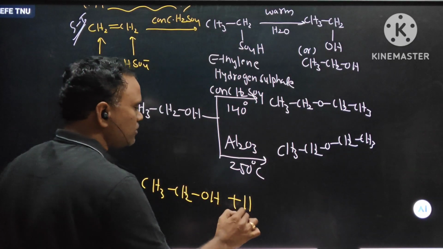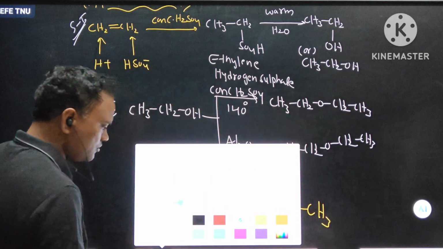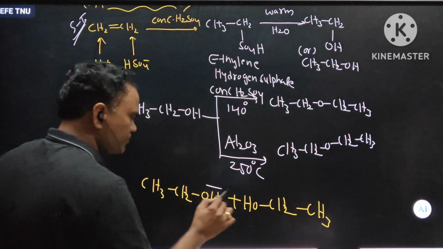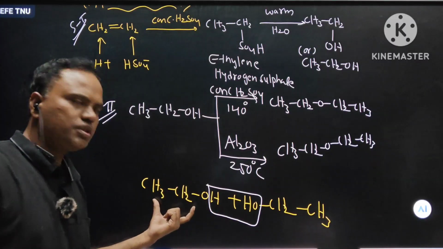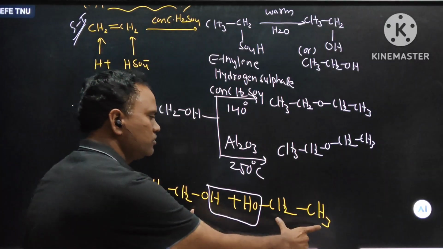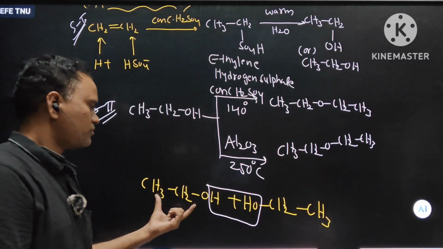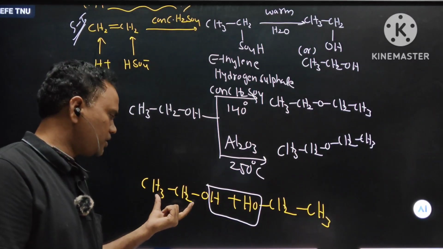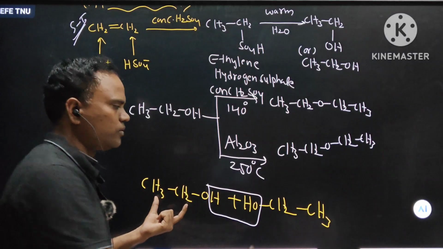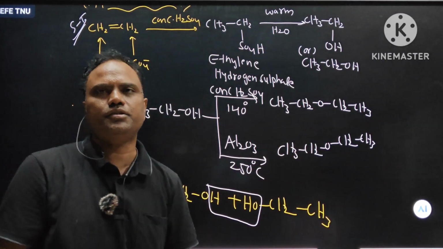Take another molecule, 2 molecules, and remove water from these 2. Remove H2O. CH3, CH2O, CH3. Join these two. After removing water, what is remaining here? CH3, CH2O. Here CH2, CH3. Join these 2. You will get ether.